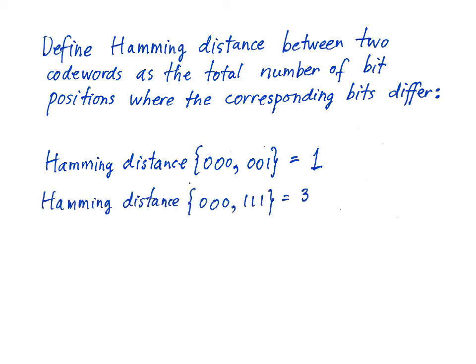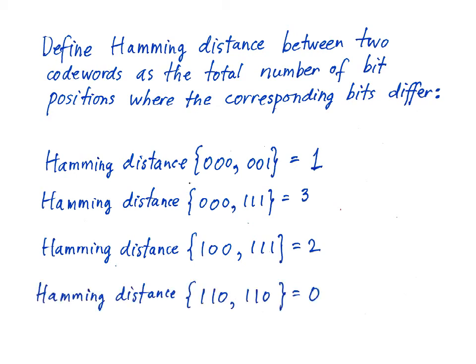Here, the Hamming distance is 3. All 3 bits are different. Here, we have 2, because the last 2 bits are different. And here, the Hamming distance between the two code words is 0.